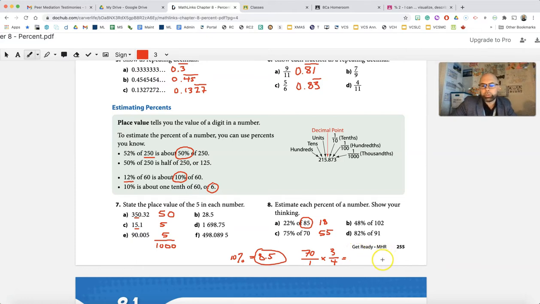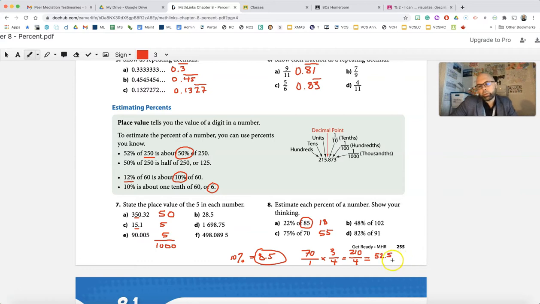Okay, let's wait for those numbers to reappear. Okay, they're not coming back. All right, 210 over 4 equals 52.5.